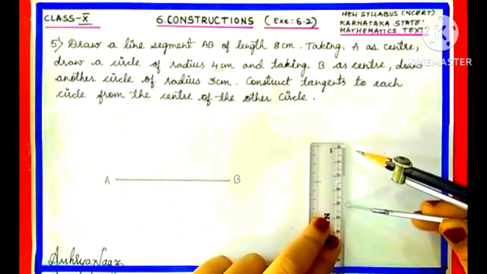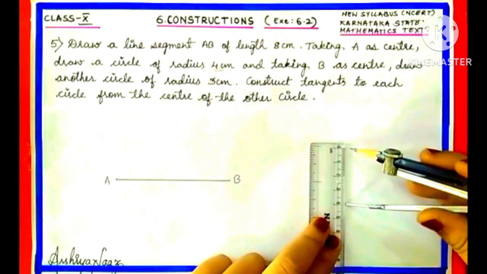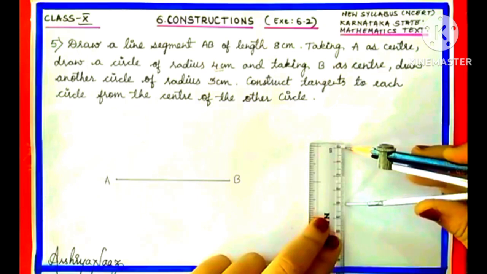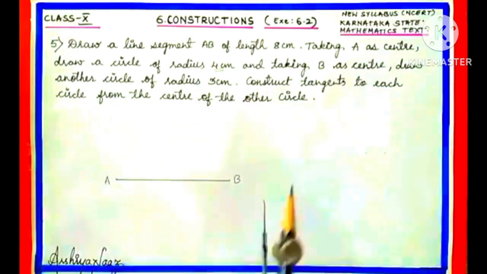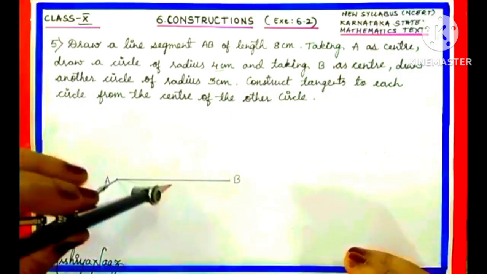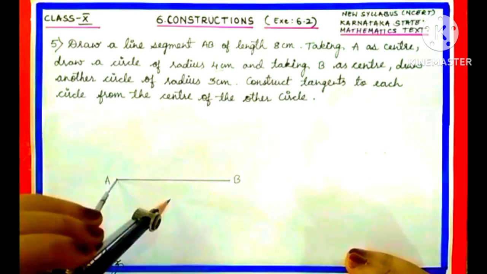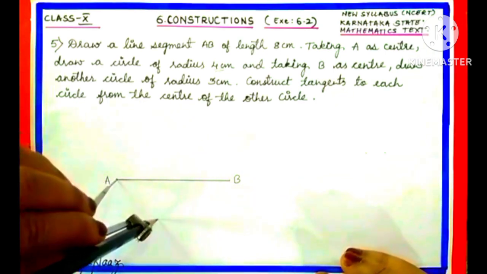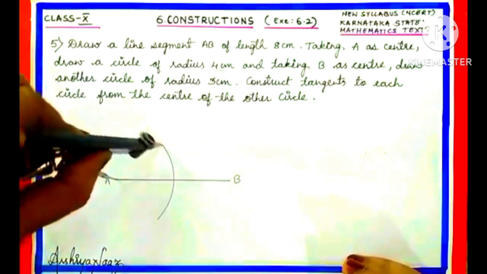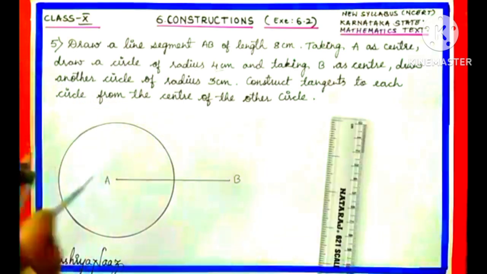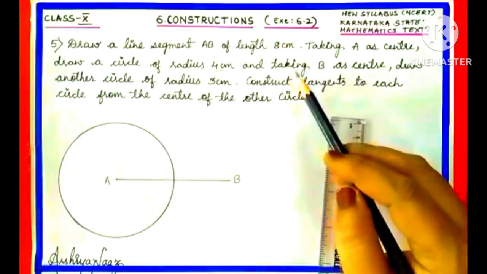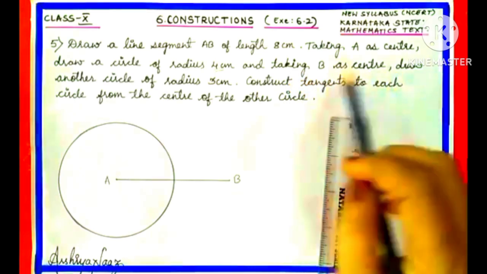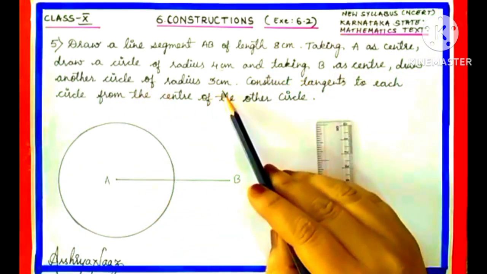Take the compass and adjust it to 4 cm radius carefully. Now with A as center, draw the circle. Like this. Then taking B as center, draw another circle of radius 3 cm.